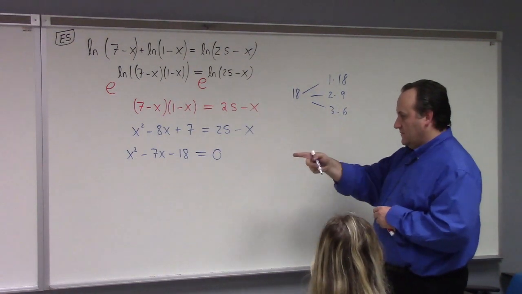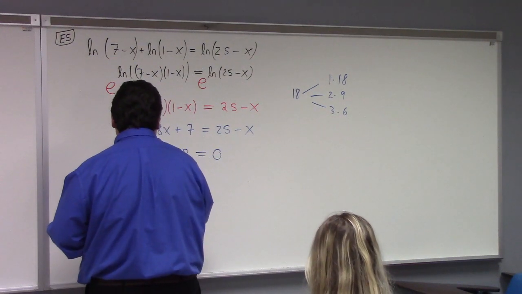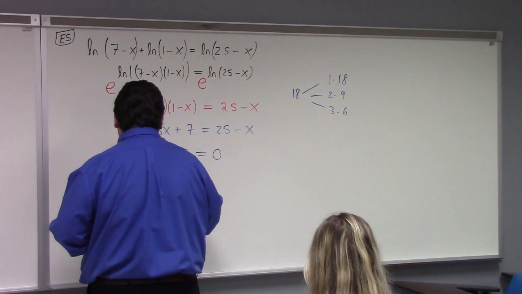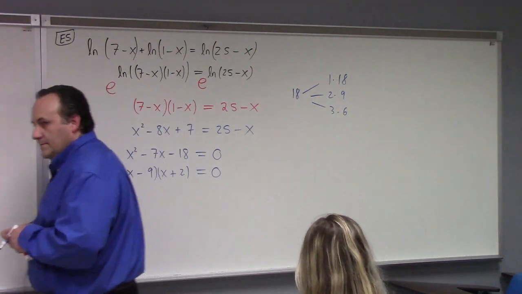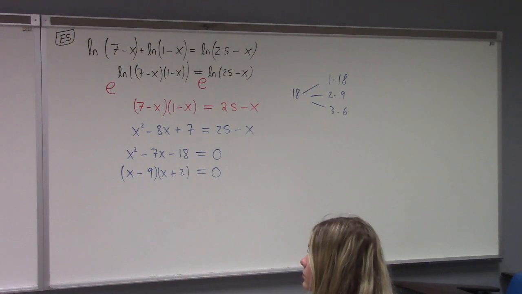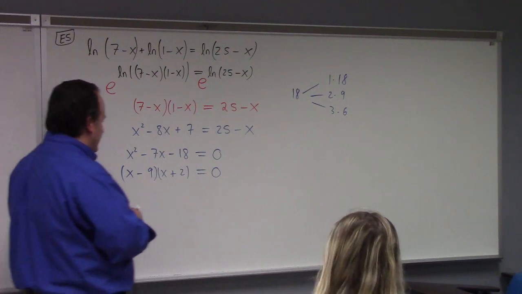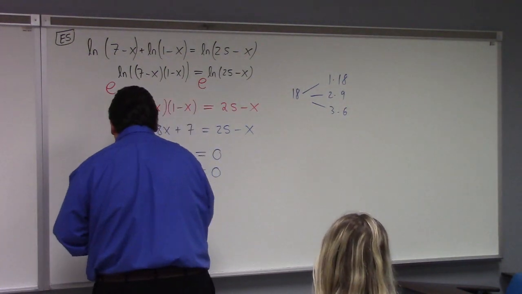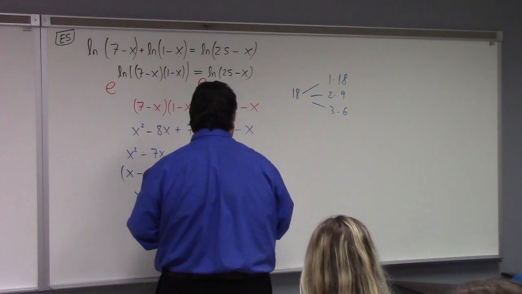I bet it's a 2 and a 9. Let's see here, so which one wants to win? The 9 wants to win, right? So x minus 9 times x plus 2, I think that ought to do it for us. Because that multiplies to give me a minus 18 and a minus 9 plus a 2, which is a minus 7. So yeah, factored. Now what? Solve gives us what? So we either get x equals 9 or x equals minus 2.